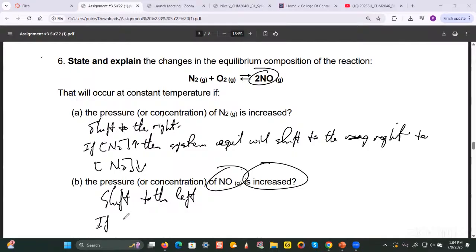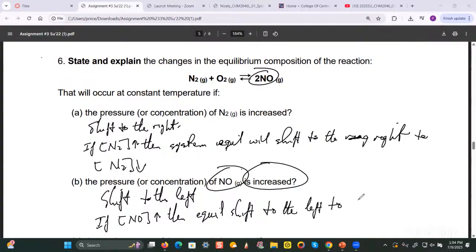Let me start you off again. If the concentration of NO increases, then the system's equilibrium will shift to the left to decrease the concentration of NO. Exactly. All right? Any questions?